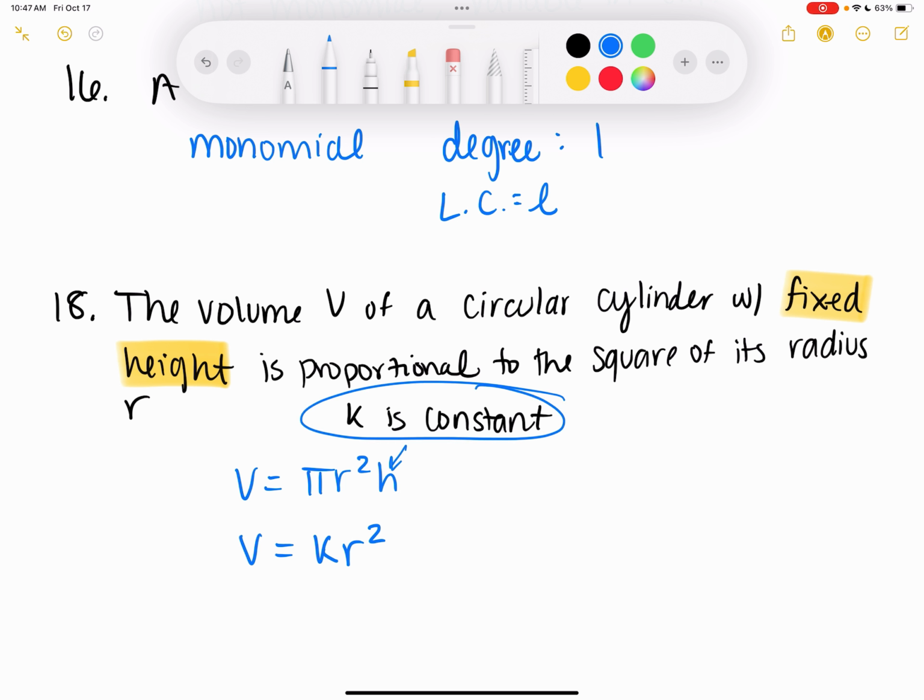And we're writing it as the square of its radius. So K equals height times pi.